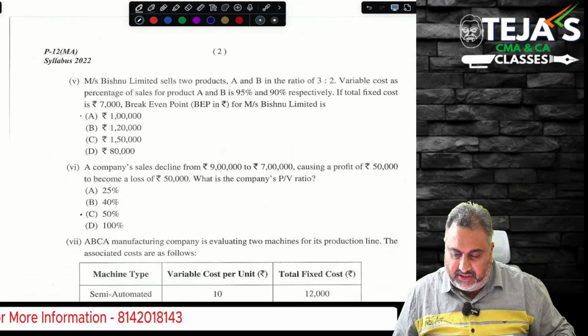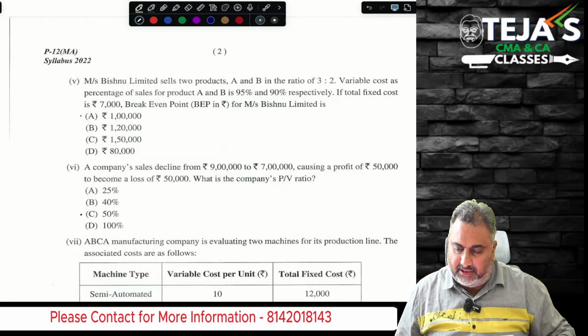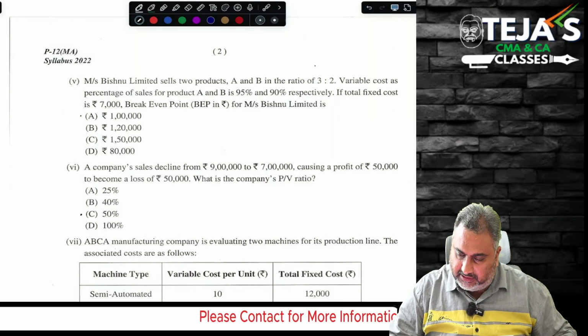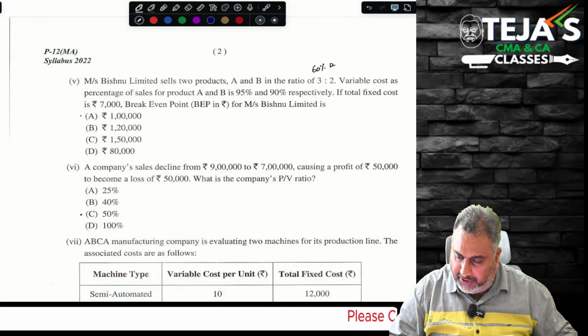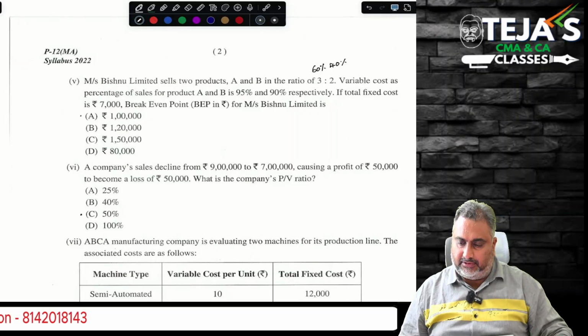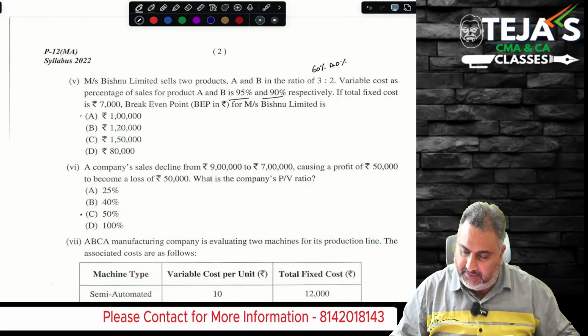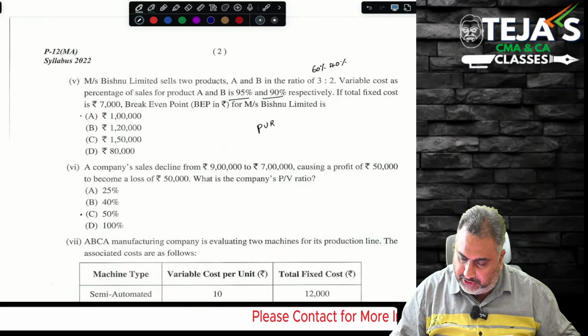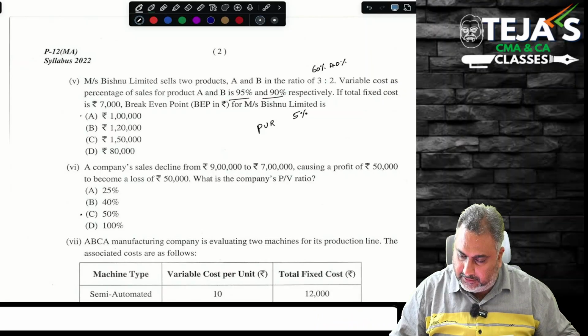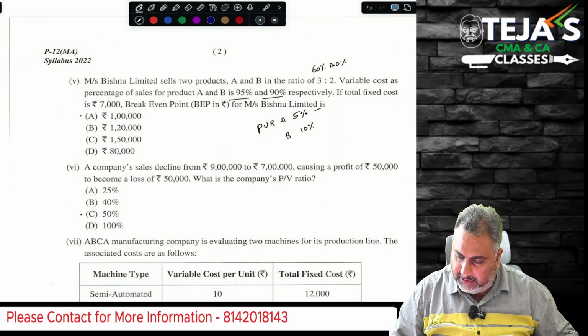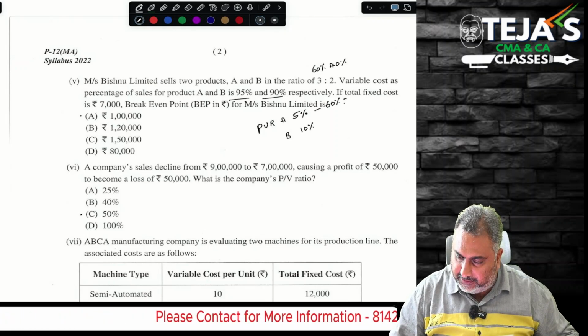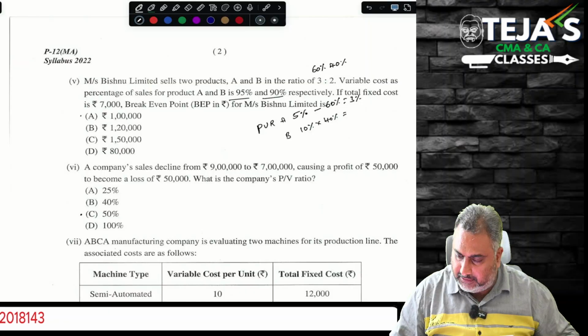Binshu Limited sells two products A and B in the ratio of 3:2. That means the sales mix ratio is 60% and 40%. Variable cost percentage is 95% and 90%. That means your PV ratios are 5% for A and 10% for B. Sales mix ratio 60% into 5% is 3%, and 40% into 10% is 4%.